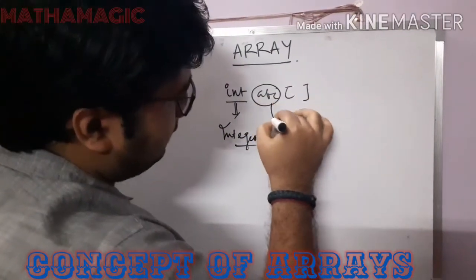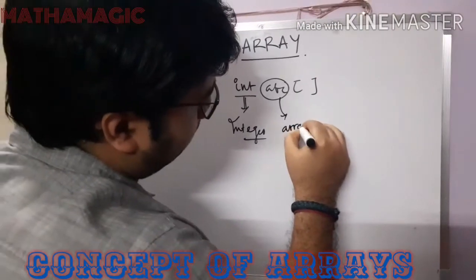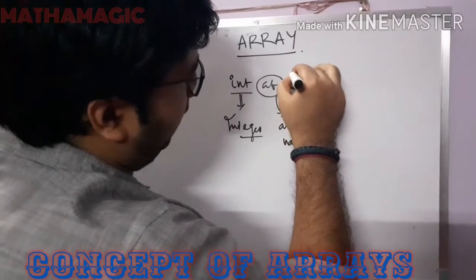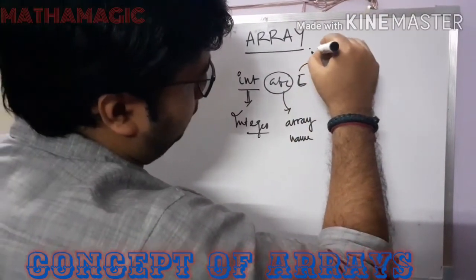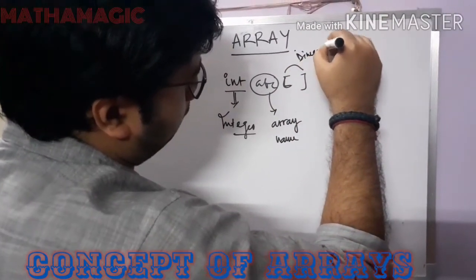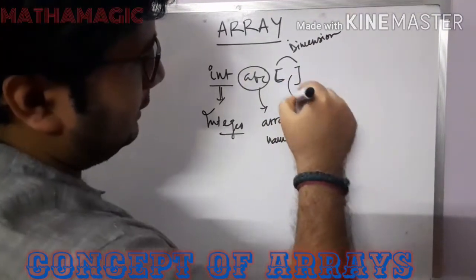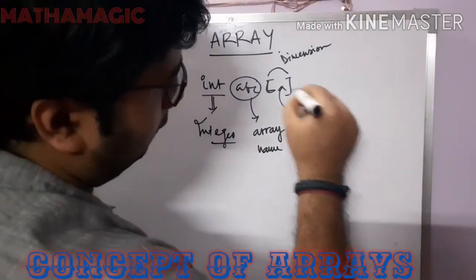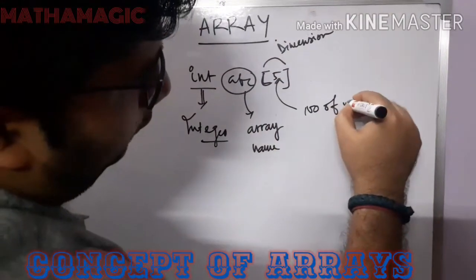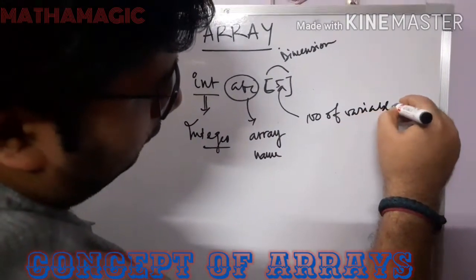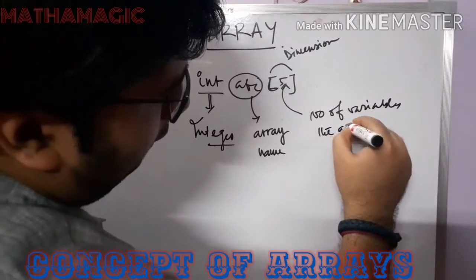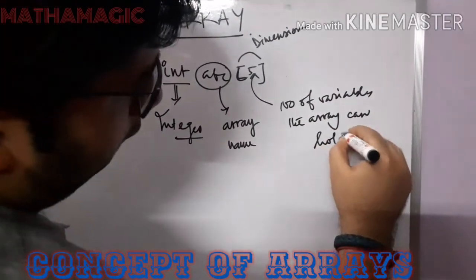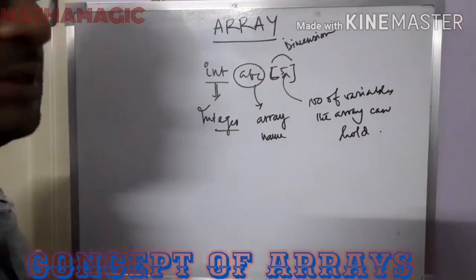ABC is the array name. These two brackets are the dimension, and the value inside is the number of variables, let it be 5. This is the number of variables the array can hold.